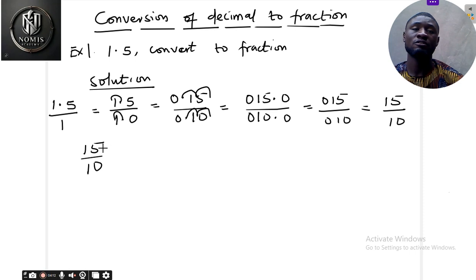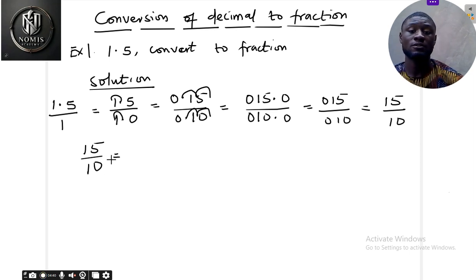However, I should not leave my answer like this. Why? Because I should reduce it to the lowest term that fraction can exist. Now, how do I reduce it? I will divide both denominator and the numerator by a common factor. Remember, a factor is a number that can divide another number without remainder. So what is a common factor? A number that can divide 15 without remainder and at the same time divide 10 without remainder.